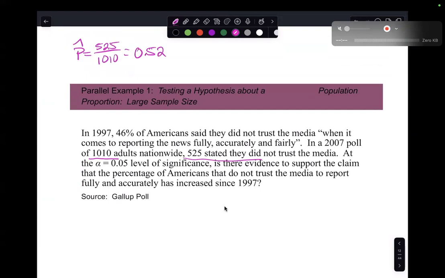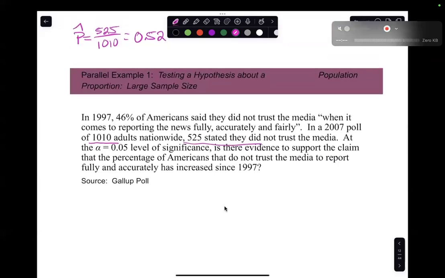So my null and my alternative hypothesis, my H naught is that p equals 0.52. So it says, is there evidence to support the claim that the percentage of Americans that do not trust the media has increased. Increased means right-tailed.